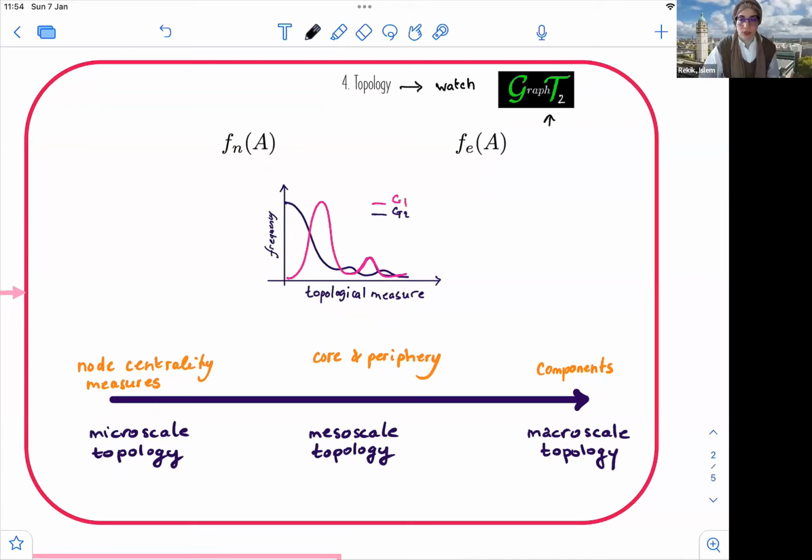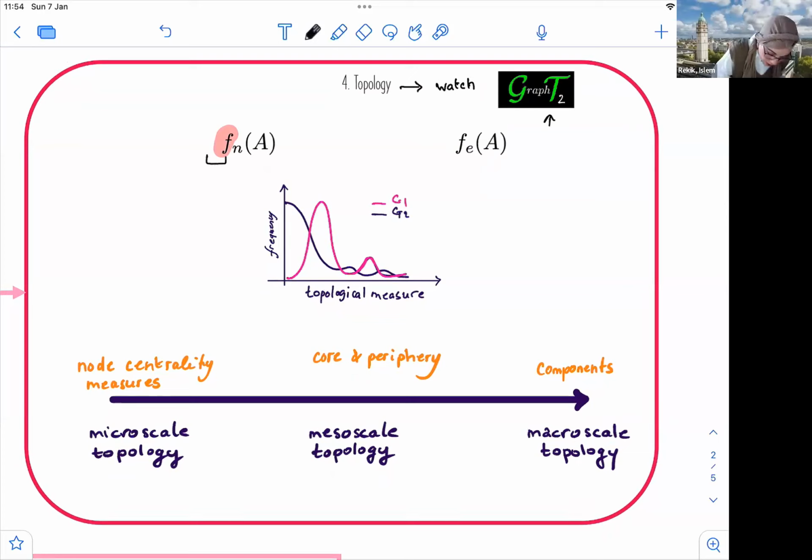But today I just want to give you an overview of the importance of topology. Why is it important? How do we actually define it? What is topological about the adjacency matrix? So here we have different measures that we can define to identify or quantify the topological importance of a node.